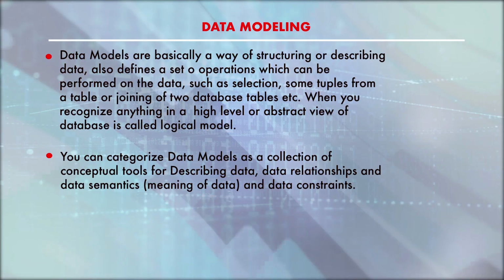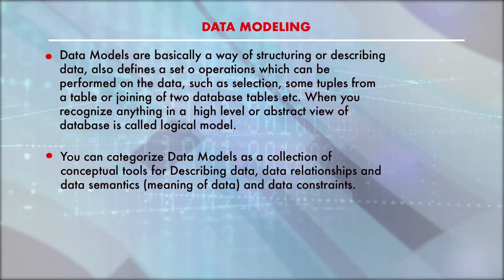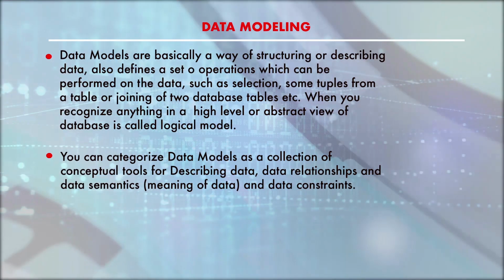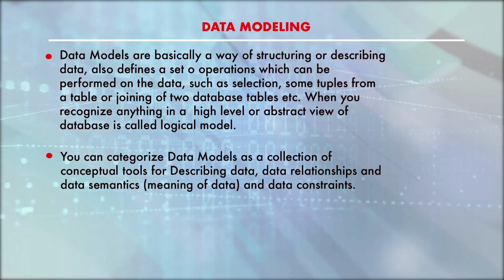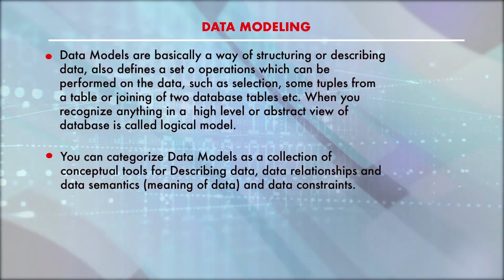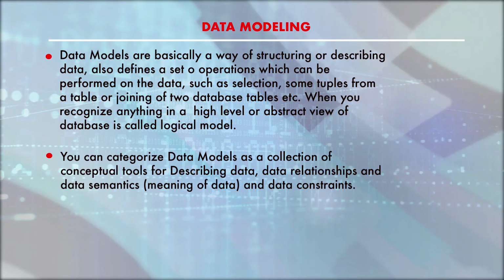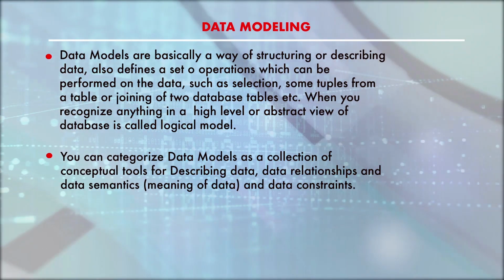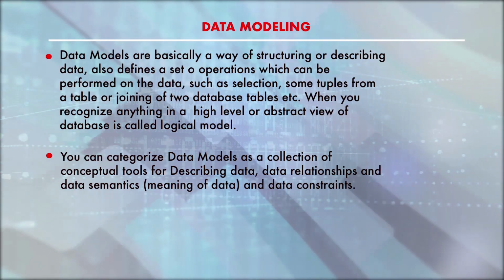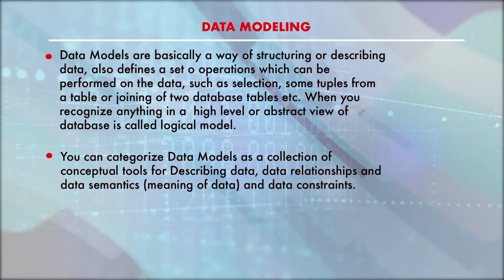You can categorize the data model as a collection of conceptual tools for describing data, for describing relationships, and for describing the meaning of the data, and obviously describing the rules and criteria, that is known as the keys and constraints. And obviously the very basic thing, what the different data types of the different fields are, that also comes under this.